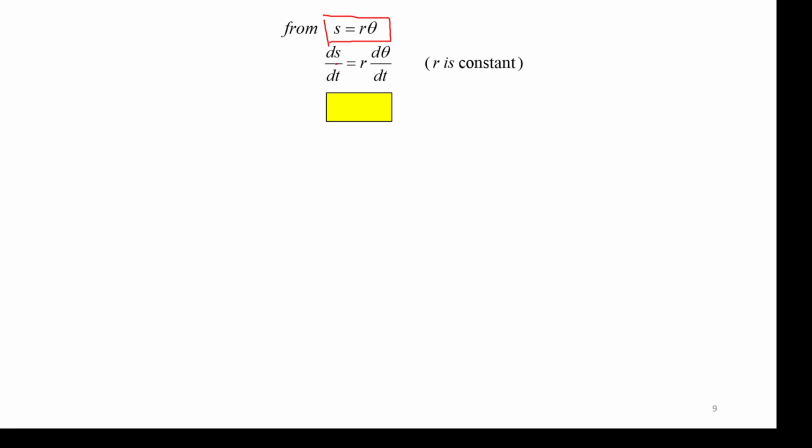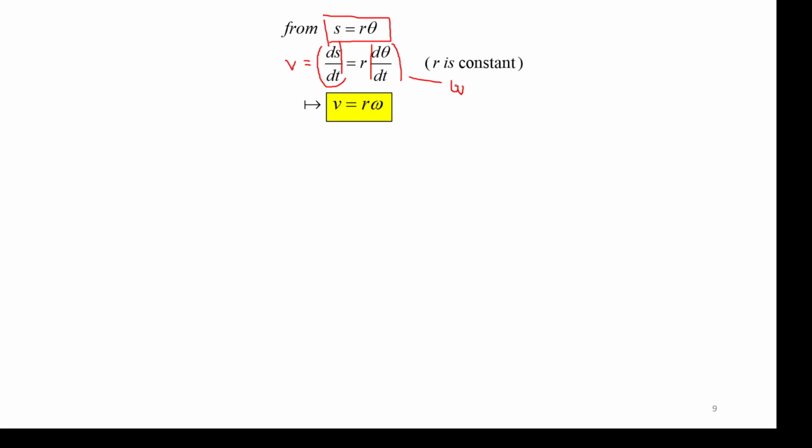I have ds over dt. You've learned in chapter 2 that the rate of change of displacement is v. Whereas d theta over dt, the rate of change of angular displacement, is omega, which is the angular velocity. So you have here v equals r omega.